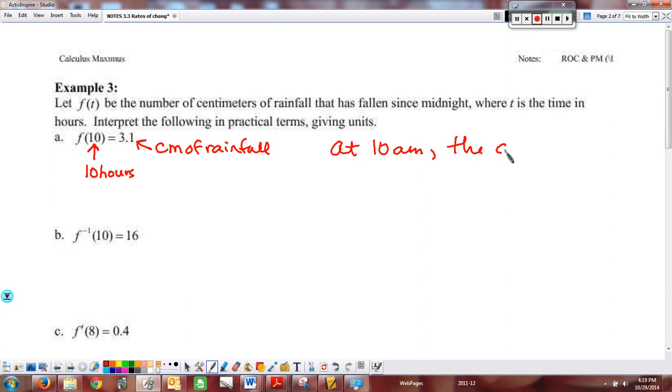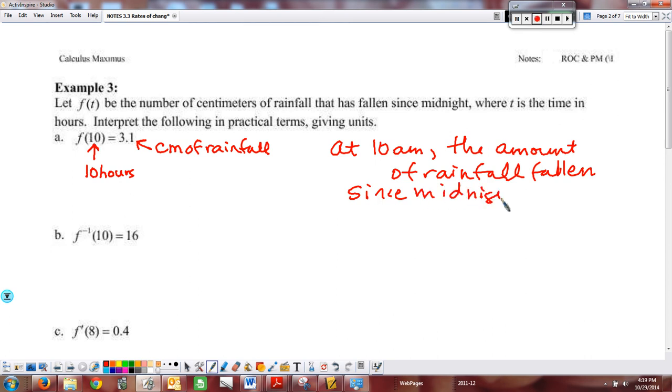The amount of rainfall fallen since midnight, the what, is 3.1 centimeters. So the when and the what, because that's a quantity function.